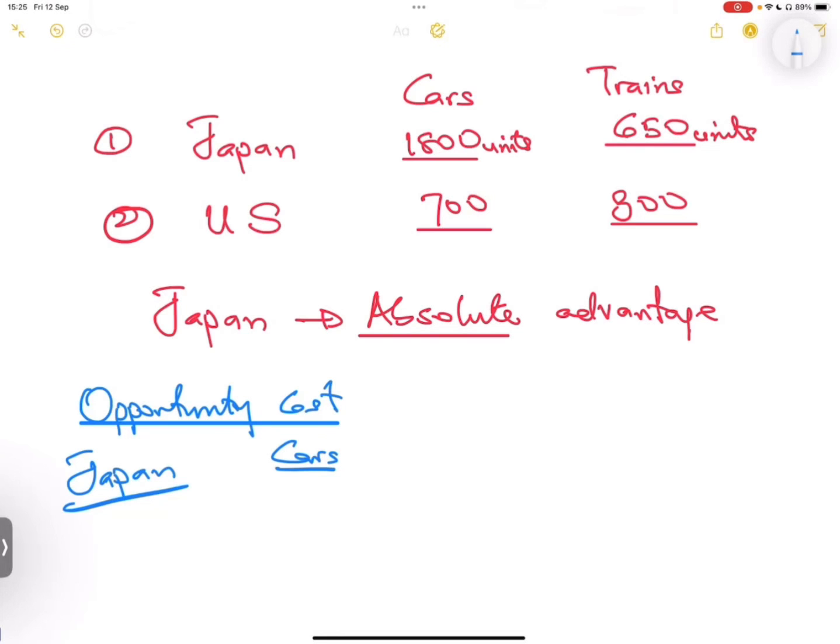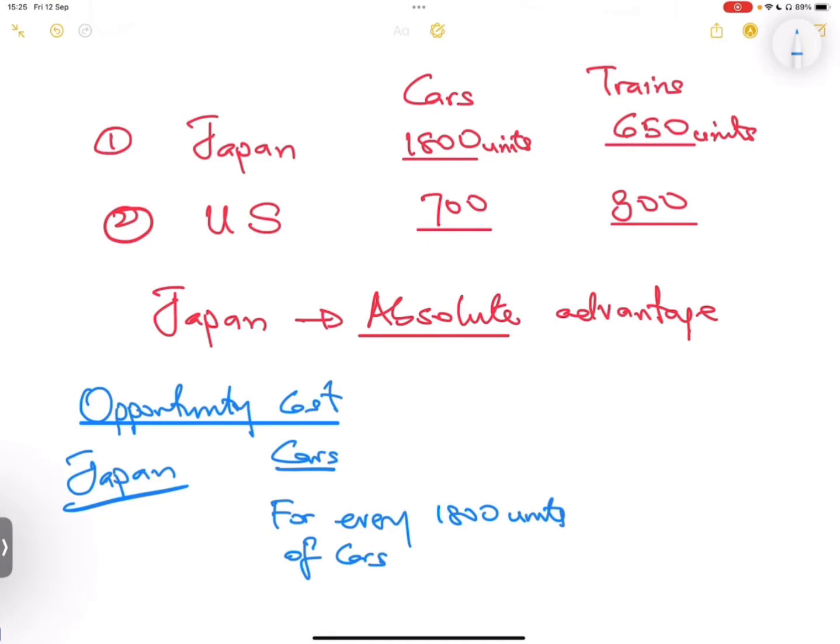So what we're saying is that for cars, for every 1,800 units of cars, because what you're saying is if they decide not to produce 650 units of trains, they will produce another 1,800 units of cars. That's what we're saying, because we're saying the same resources are used to produce this situation that we have, right?